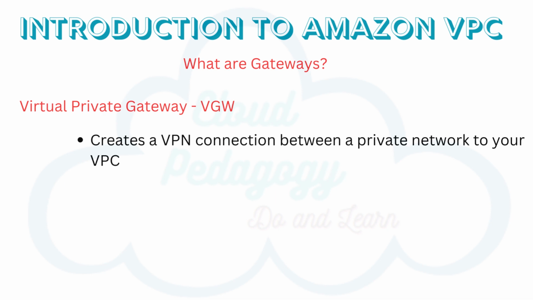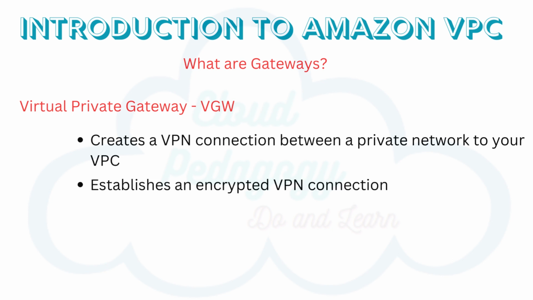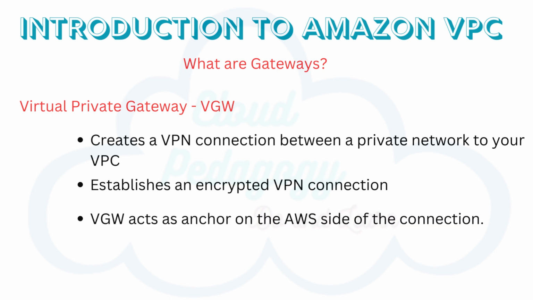It allows you to create a VPN connection between a private network, like an on-premises data center or internal corporate network, to your VPC. With the help of a VGW, you could establish an encrypted VPN connection to your private internal AWS resources. Once you create and attach a VGW to a VPC, the gateway acts as an anchor on the AWS side of the connection.